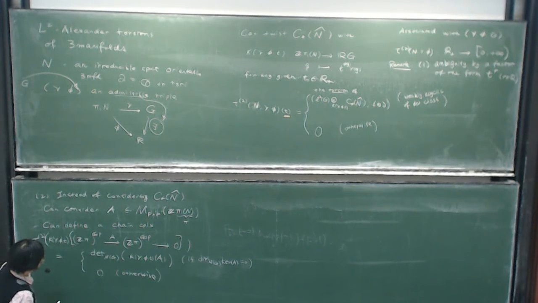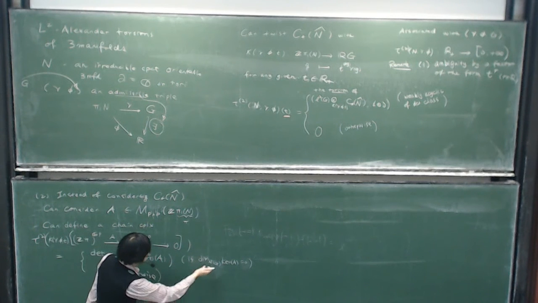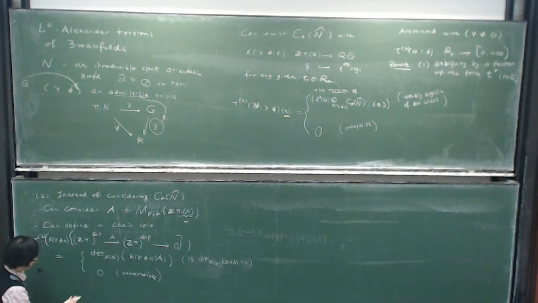It is the usual one if the matrix is somehow non-degenerate, and it is 0 if you have a non-trivial kernel.